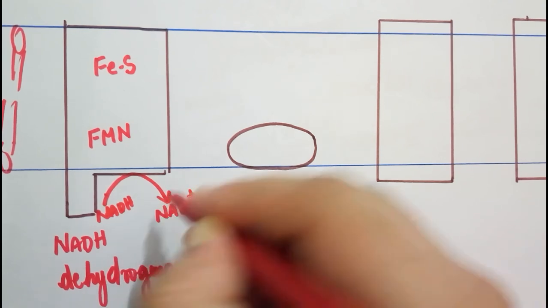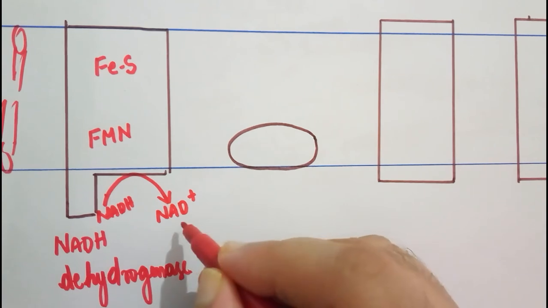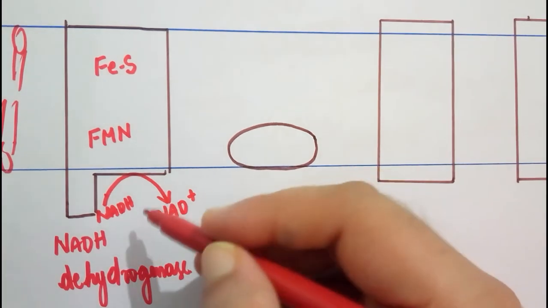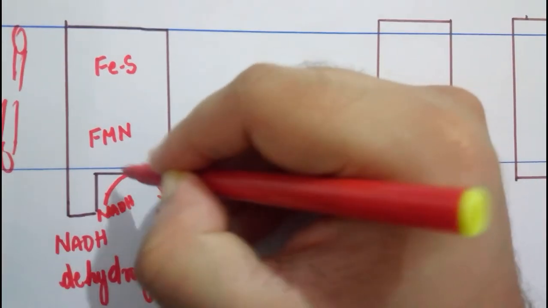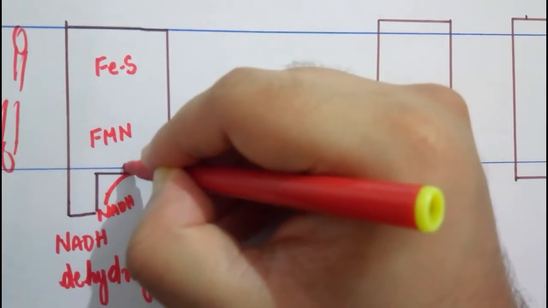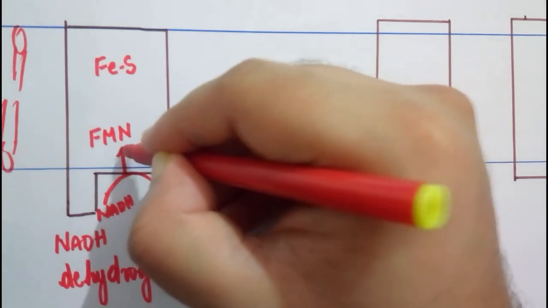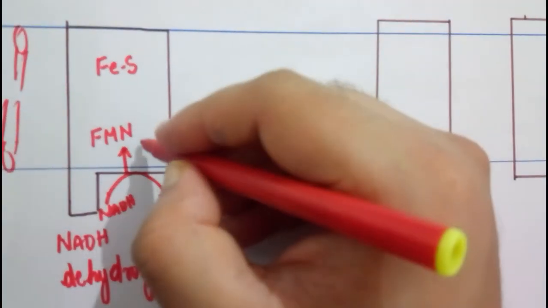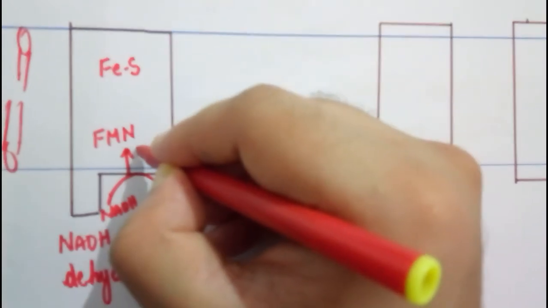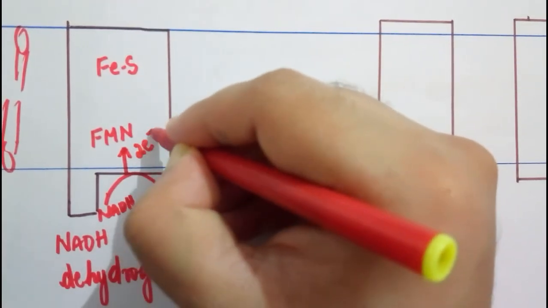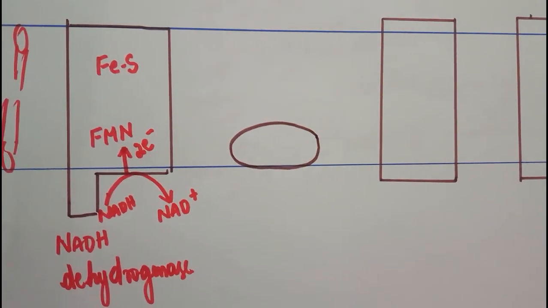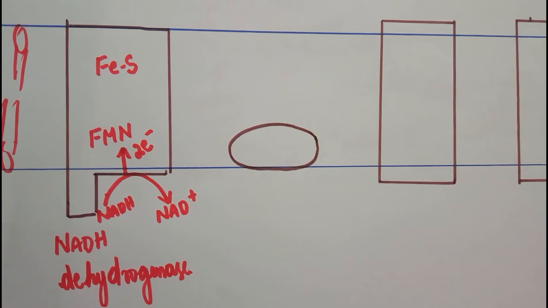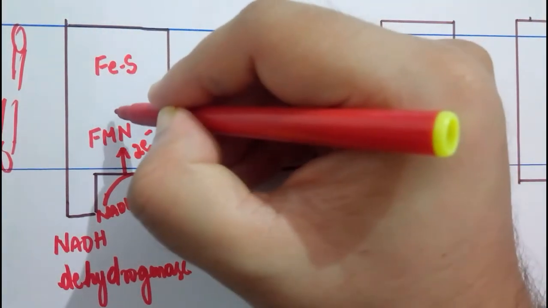When NAD plus is released, I told you it is carrying 2 electrons. Upon oxidation, NADH gives away its 2 electrons first to FMN. So FMN is the first electron acceptor here. From FMN, the electrons are passed to the iron sulfur center.